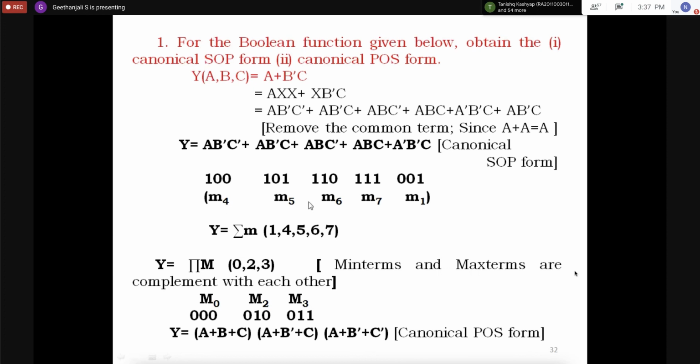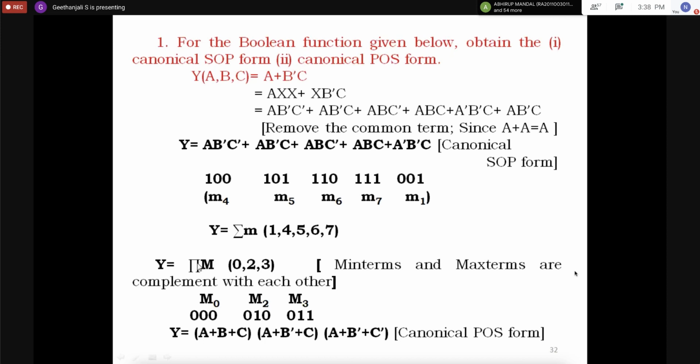This is M4, M5, M6, M7, M1. So write from the small values: 1, 4, 5, 6, 7.